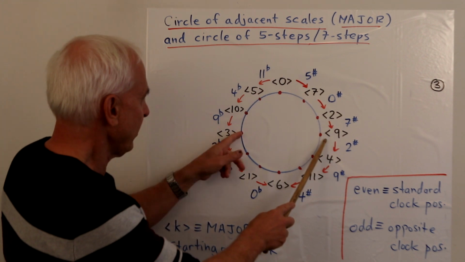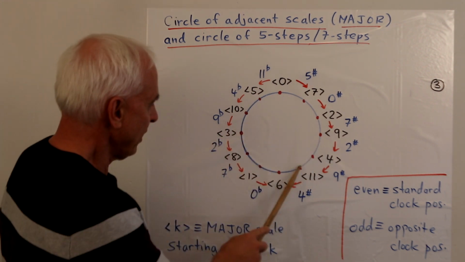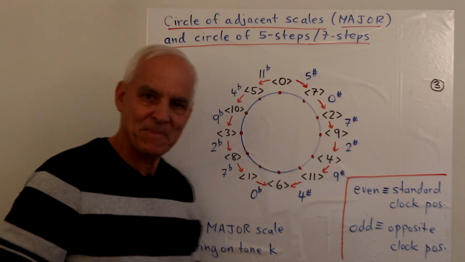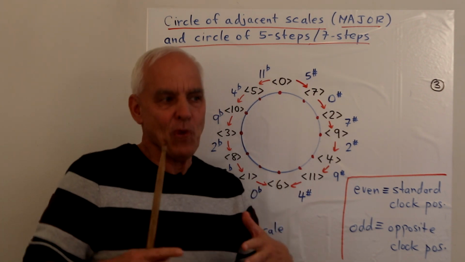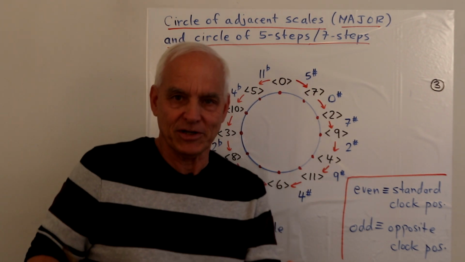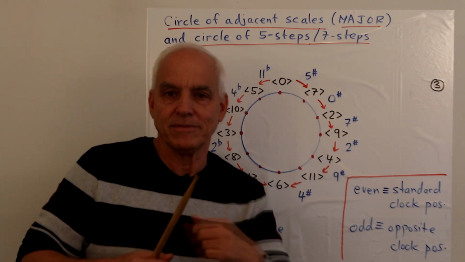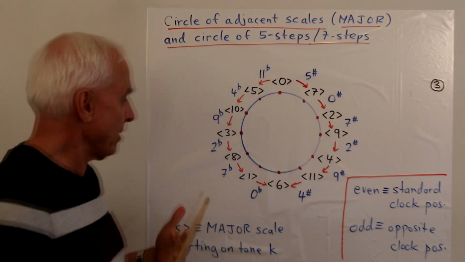So here's 9 and 3. Yes, usually this is 3 o'clock and that's 9 o'clock, but they've changed places. And also 11 and 5, they've also changed places. So the odd positions are also pretty close to the clock positions. It's just that they've swapped with their diametrical opposite. That's a pleasant feature.